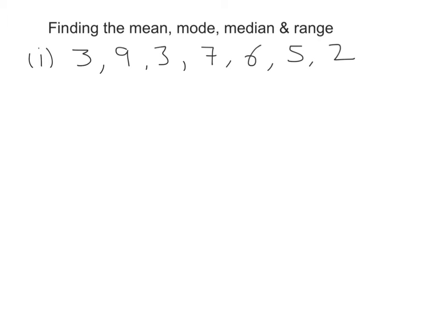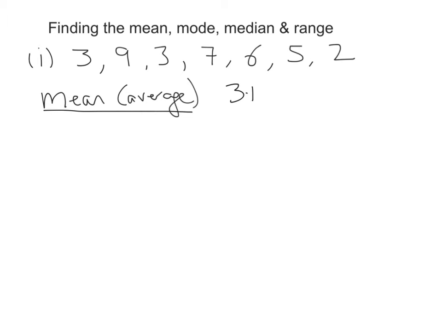So the first one on our list is the mean. Now the mean basically stands for the average. So that's a term that you've probably heard more frequently in the past. To find the average, what we need to do is add up each of the numbers in that list. So I'm going to do that now.